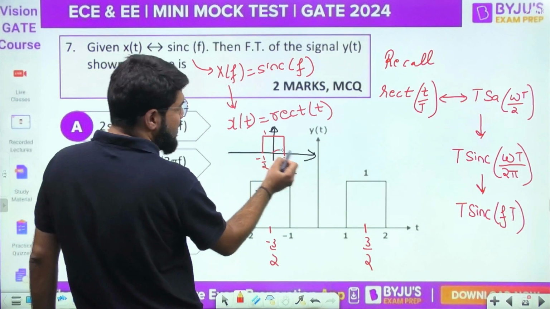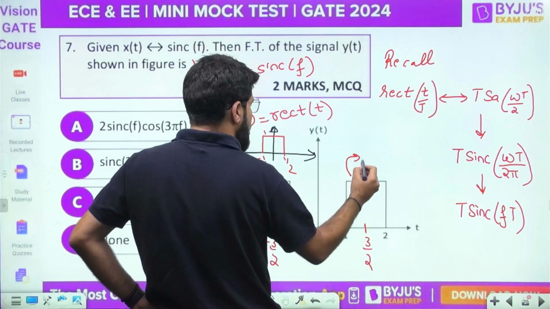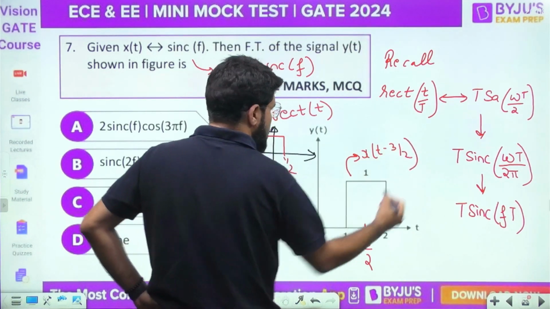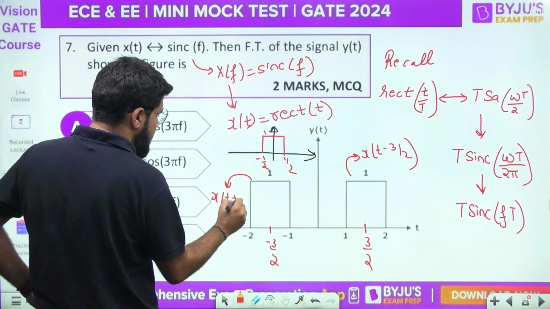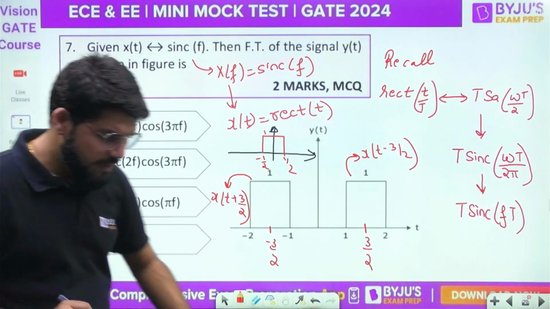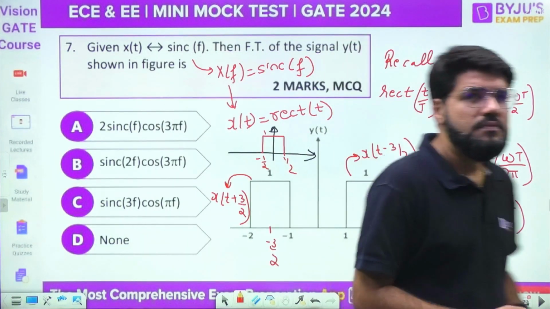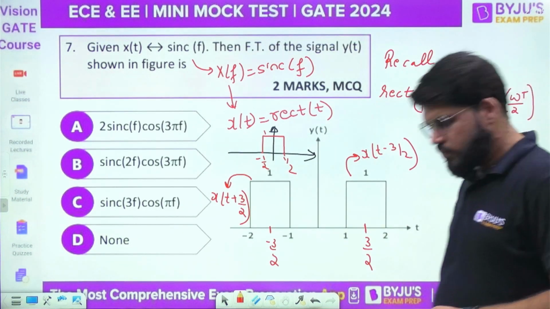When you right shift this, the center will be 3 by 2. So what is this part? This is given by x of t minus 3 by 2. And this is given by x of t plus 3 by 2.